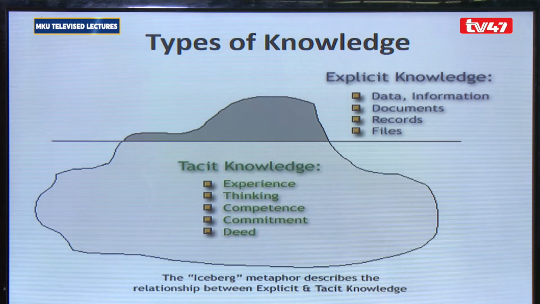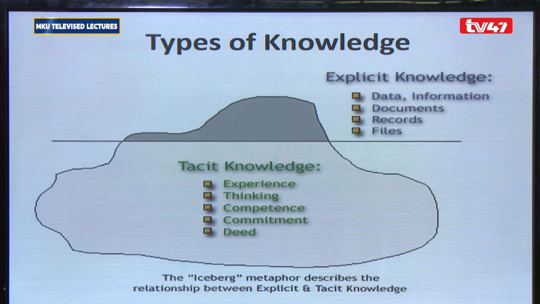So explicit knowledge is composed of data, information, documents, records, files, and we can go on to rules and regulations, laws, the Constitution. Everything that is formalized is explicit knowledge.